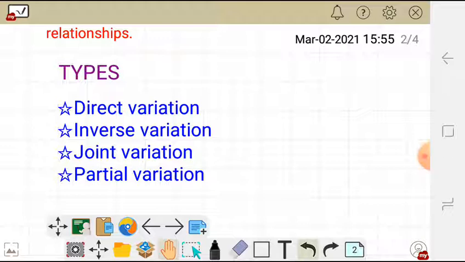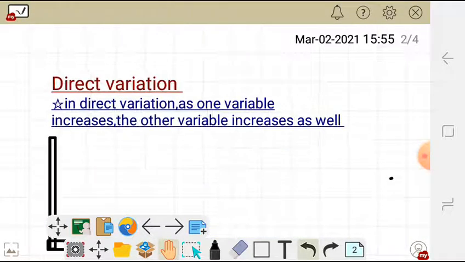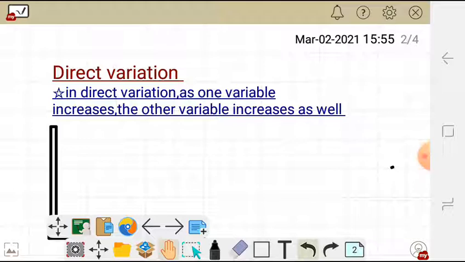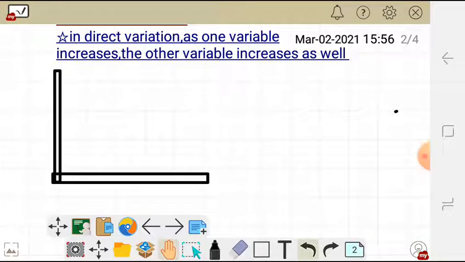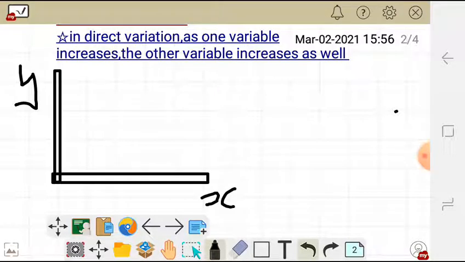So let's go into direct variation. What is it all about? In direct variation, as one variable increases, the other variable increases as well. To show this on the Cartesian plane, we have the y axis on that side and the x axis on this side, and here is where the origin is.